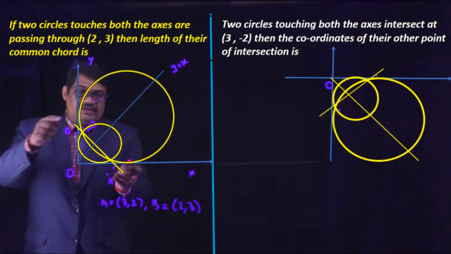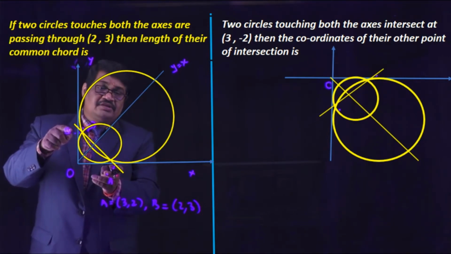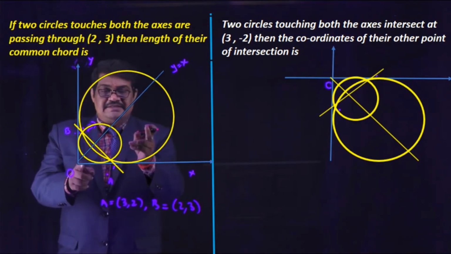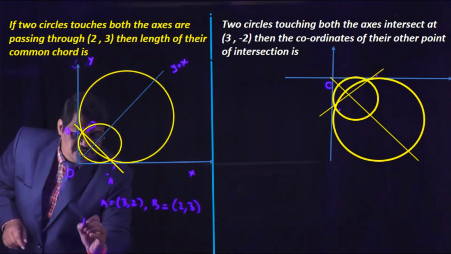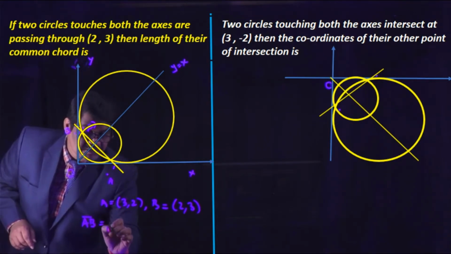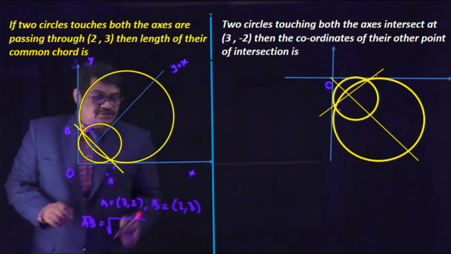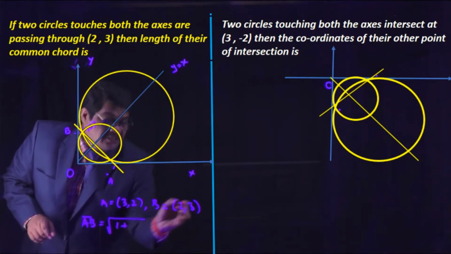Now we have to find the length of the chord AB, which is the length of the common chord of these two circles, that is, the distance between these two points. The length of AB is the square root of (3 - 2) squared plus (2 - 3) squared.